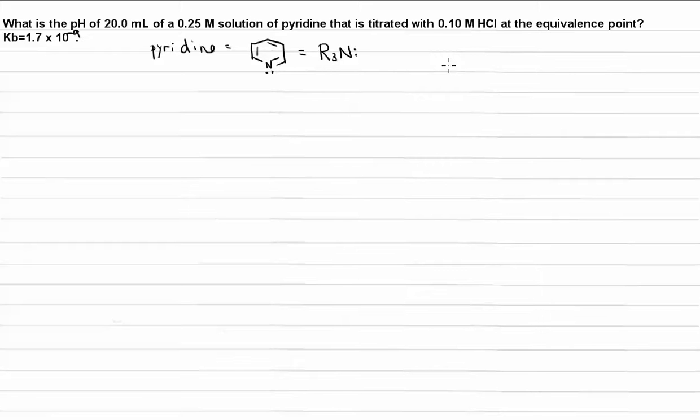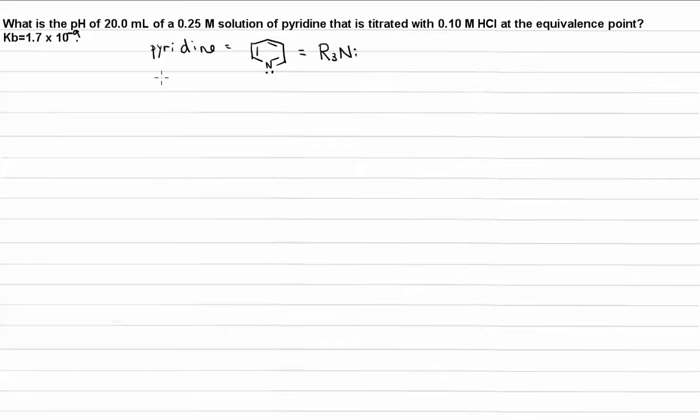So first, let's talk about what happens at the equivalence point. The equivalence point is the point at which your base, pyridine, and your acid, hydrochloric acid, have the same number of moles. So let's determine how many milliliters of the hydrochloric acid we need so that we have exactly the same number of moles of hydrochloric acid as we do of pyridine.